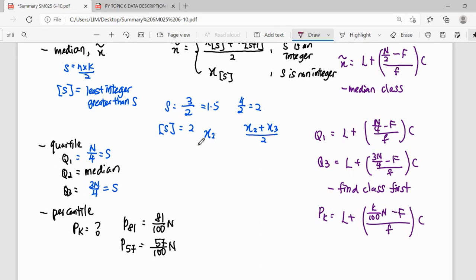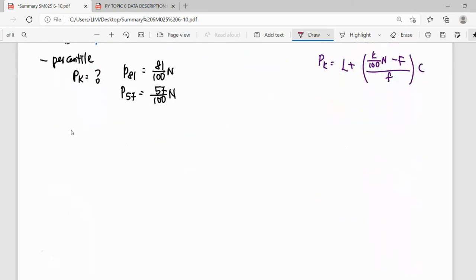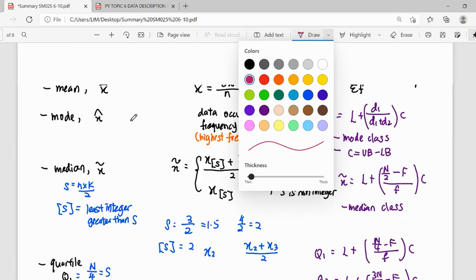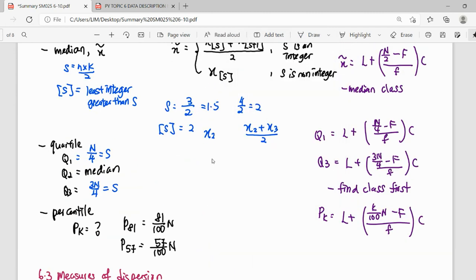Okay, so we go for part number 6.3, about measurements of dispersion. When you're talking about measurement of dispersion, it means perbezaan antara data. Okay, so tadi location kan. So for location, when you calculate all these parameters, you need to find out their locations.